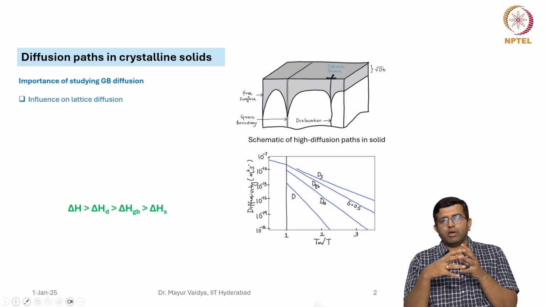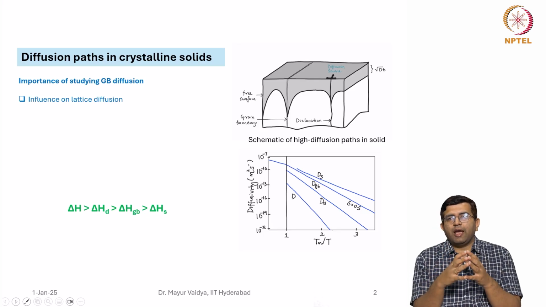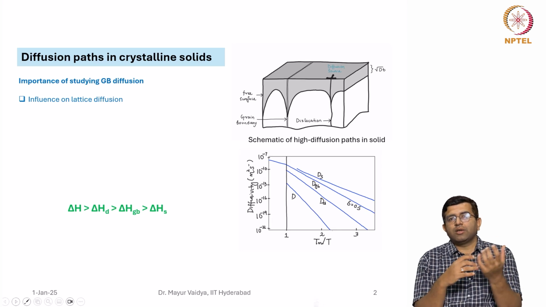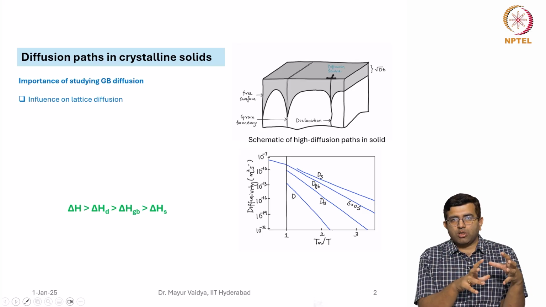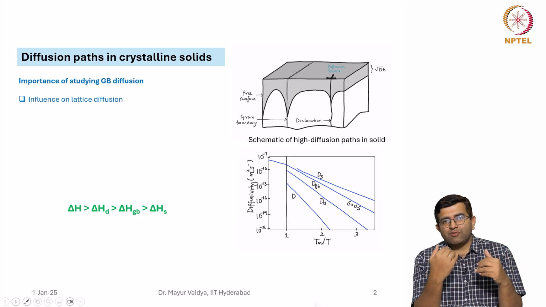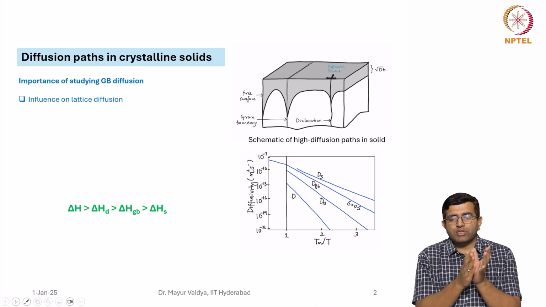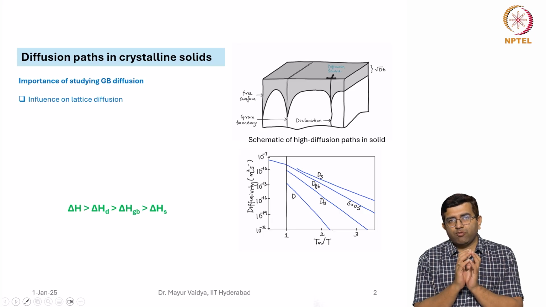If you remember when we were talking about the radio tracer technique, we noted down some points about the deviations in the Gaussian profile that can occur, and one of the reasons was the grain boundary diffusion. That means, if you do not take grain boundary diffusion into account, the estimate of lattice diffusion itself can be erroneous. So, one reason for studying grain boundary diffusion is to understand its effect on the lattice diffusion itself.